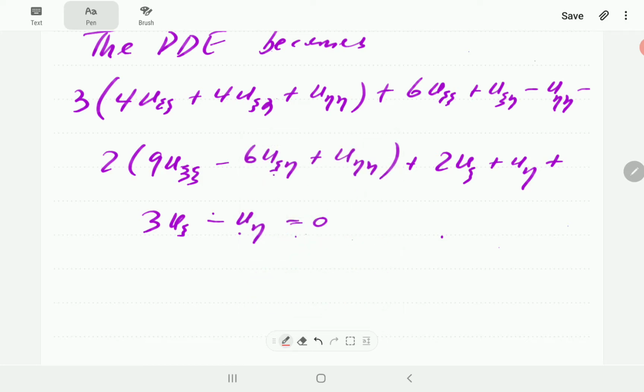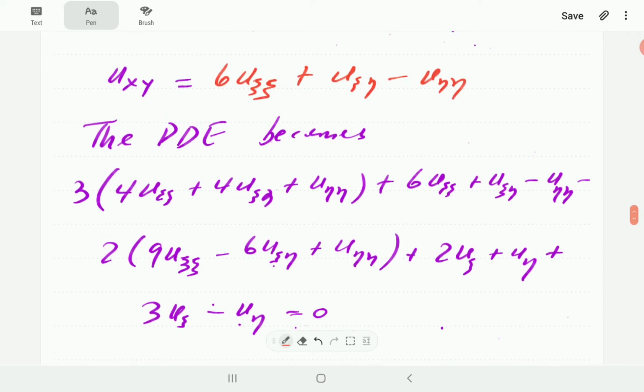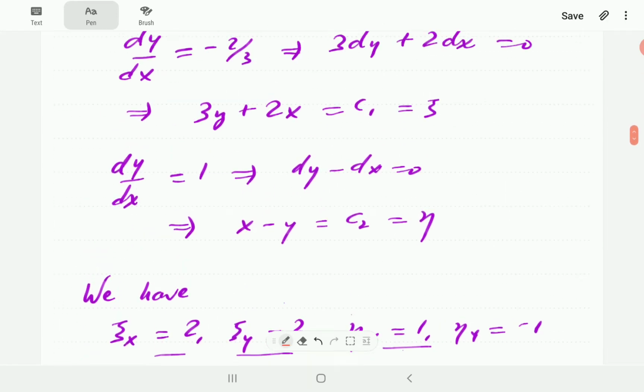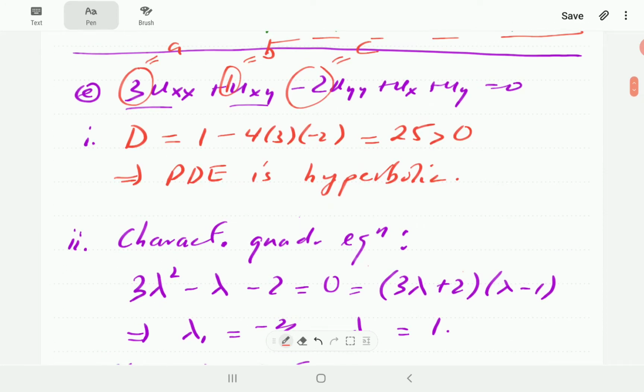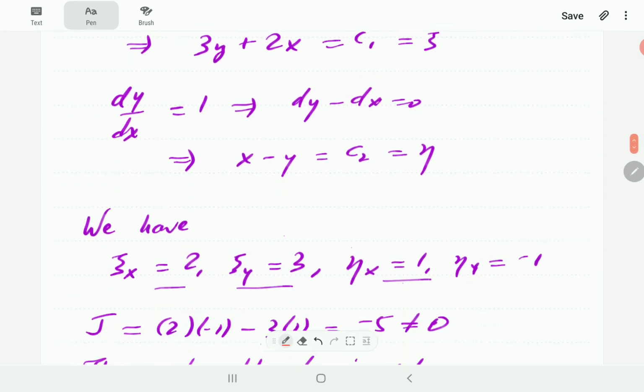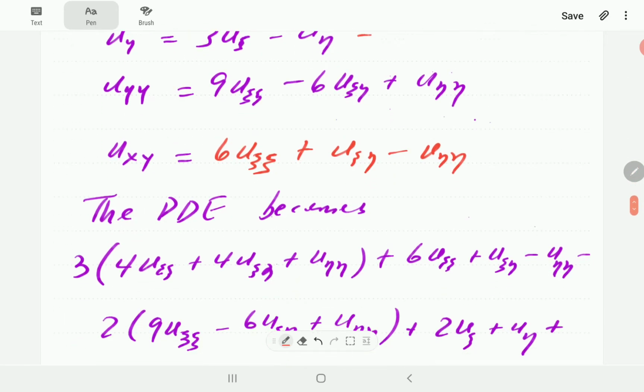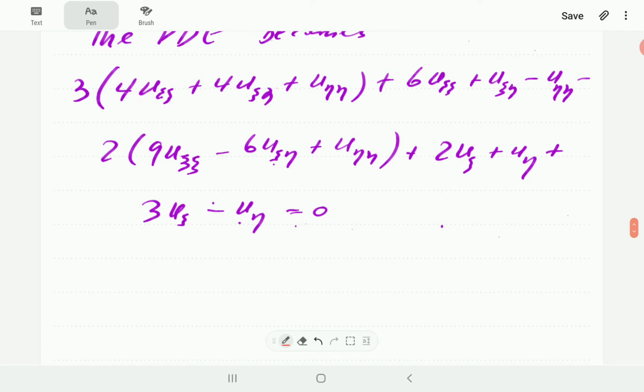So let's start with the u xi xi. Now remember, if this thing is hyperbolic, we are expecting that only this term is going to survive from the second order terms. All the other terms we expect to cancel out.